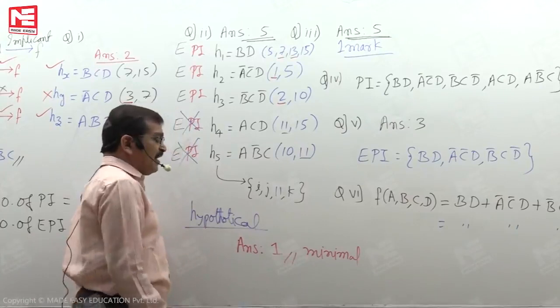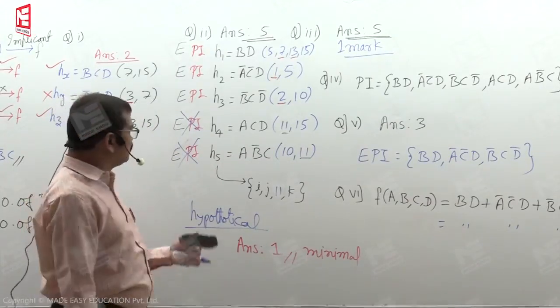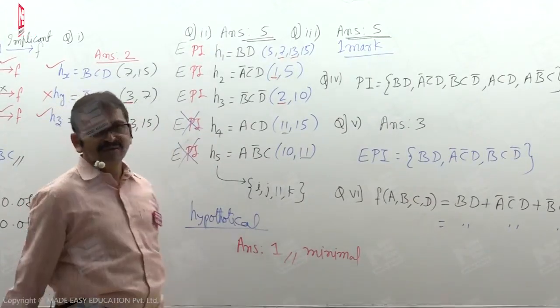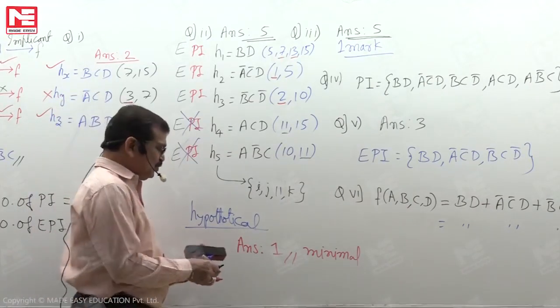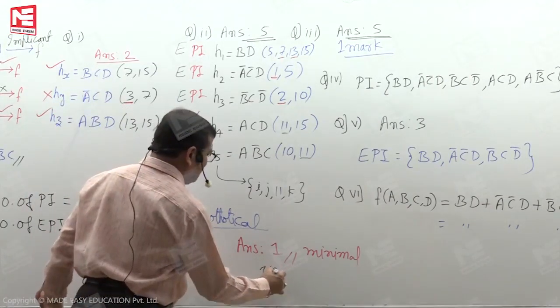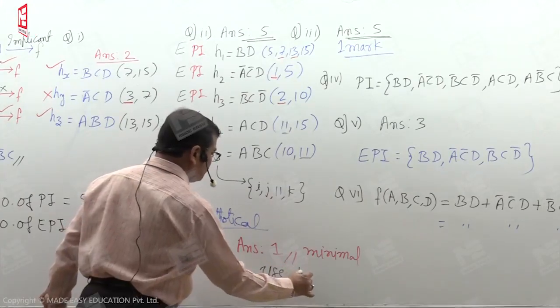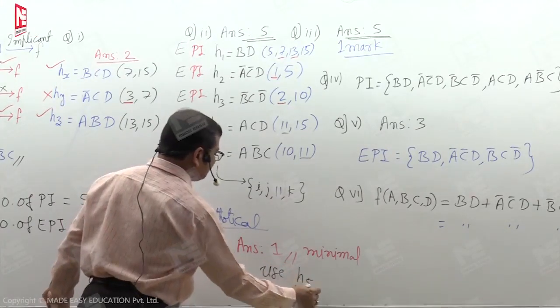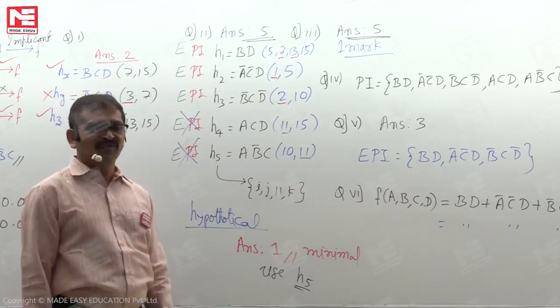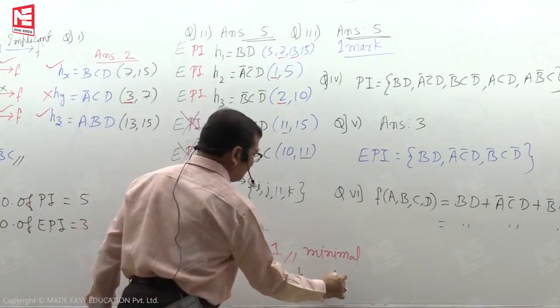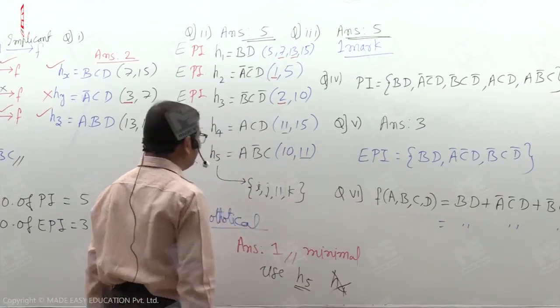If there is only one minimal form, it means you will use only one of these two. Which one are we supposed to use? Not H4. We must use H5. To cover minterm 11, we must use H5, not H4. Why not H4? The answer is simple.